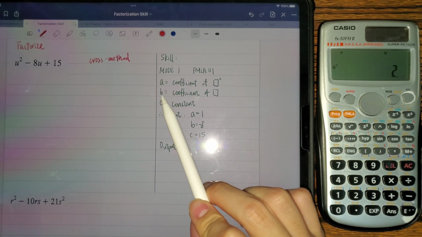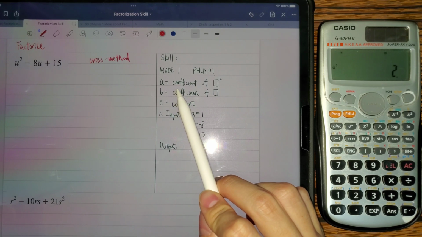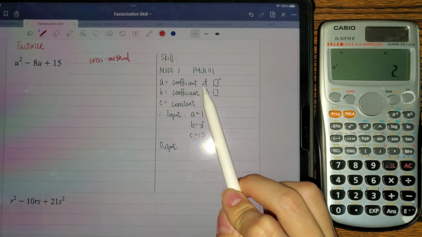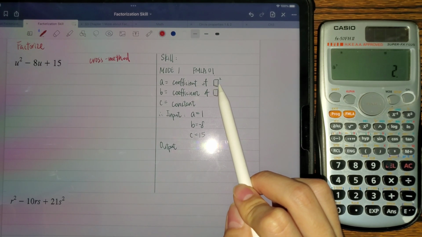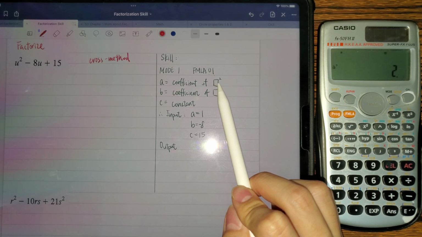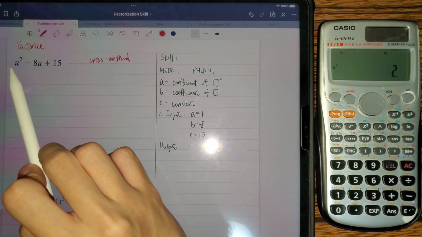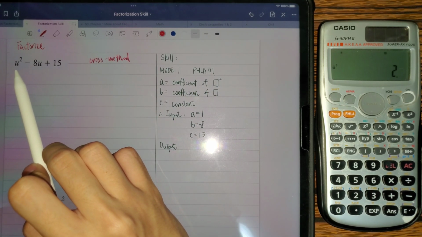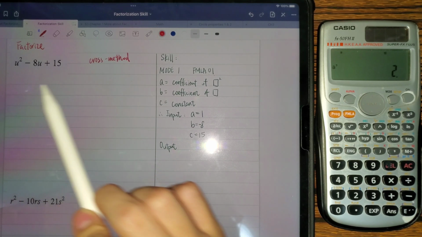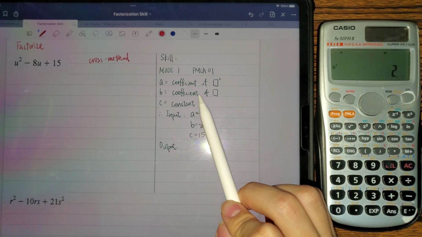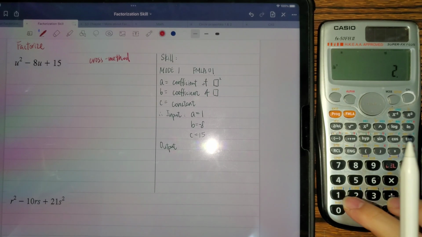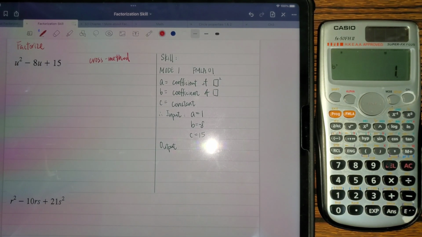What does it mean by A, B, and C? A will be the coefficient of the unknown square. You see that I got a square here, which means the unknown. Today we are talking about u square, so A will be the coefficient of u square. We input 1, then exe.